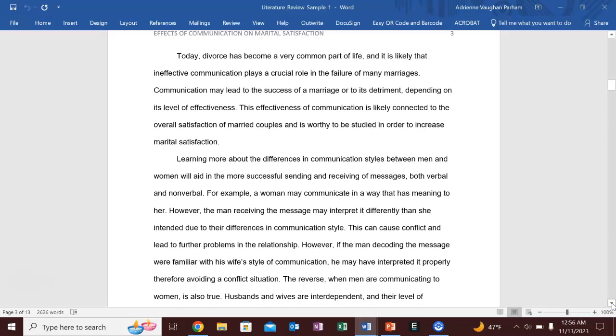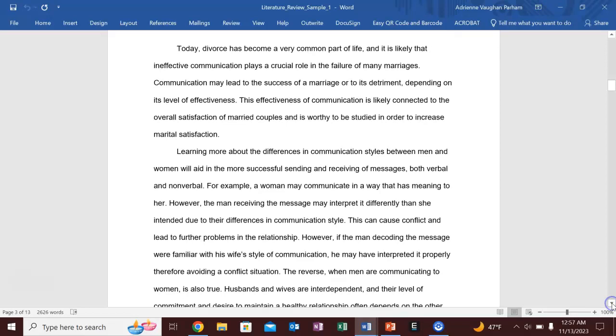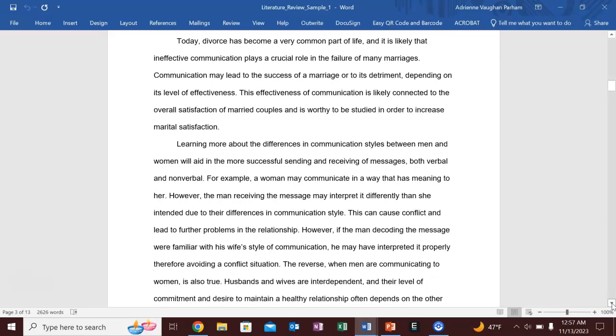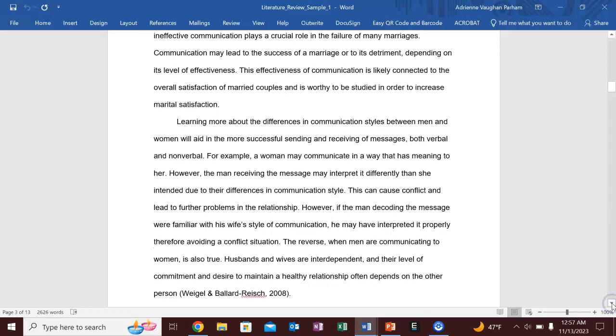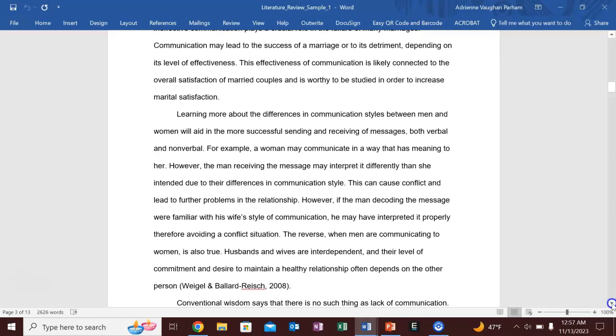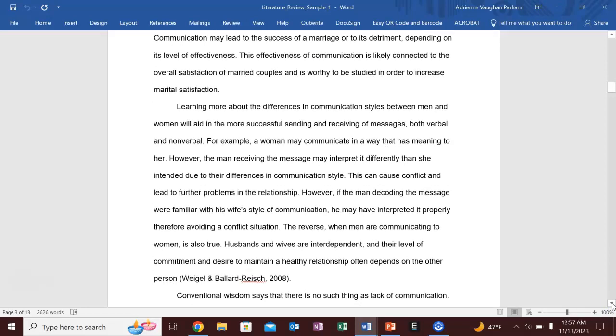Because this paper is on how communication affects marital satisfaction, that can be the star of the paper, talking about how communication may lead to success or detriment to a marriage, or its level of effectiveness, and then move on. You could just quickly skim through this information and see how the author set up the stage for the topic of effects of communication on marital status.